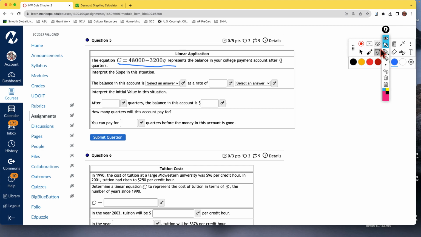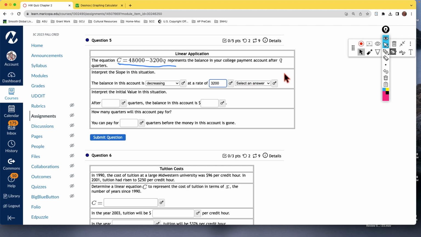The balance in this account, what's happening with the slope? The slope is decreasing. It's going down. What's the rate? It's decreasing by 3,200. And even though the slope is negative 3,200, we put the rate as 3,200 because when we put the word decreasing, that's where the negative comes.